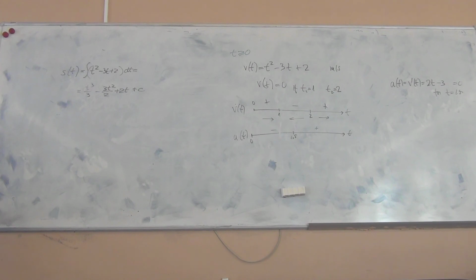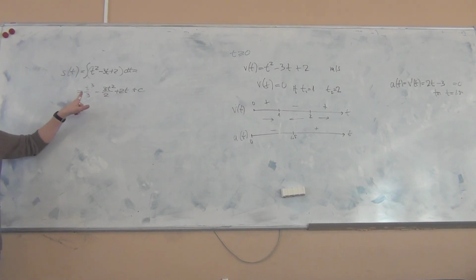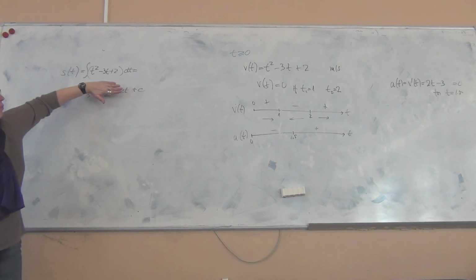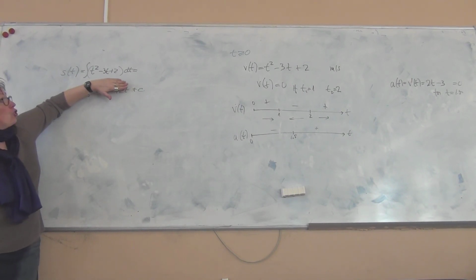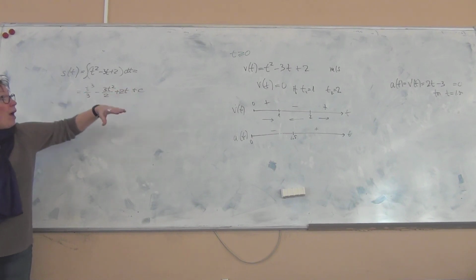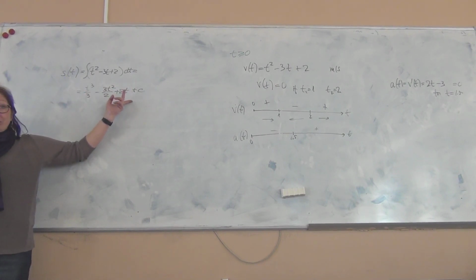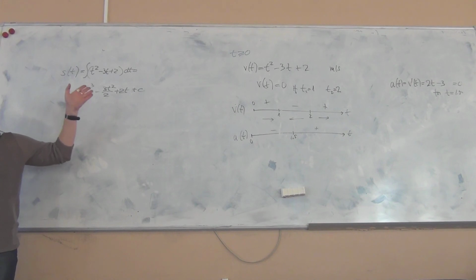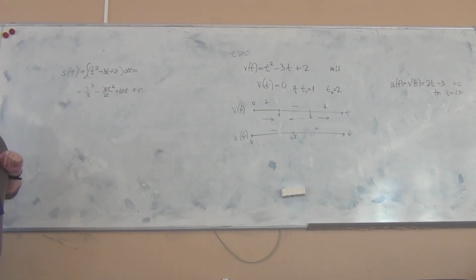And this constant is the location of this particle at the starting moment. When time is 0, C actually means the starting point, the starting position. And if we don't know C, we don't know where exactly this object started the movement.